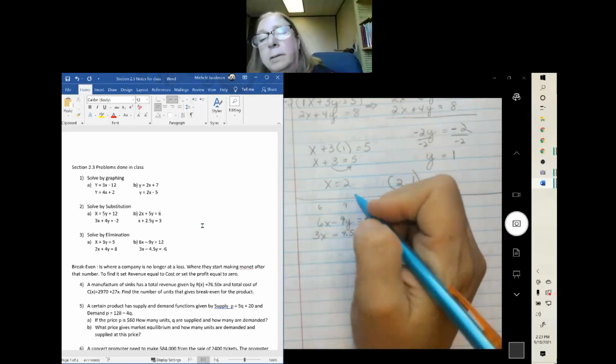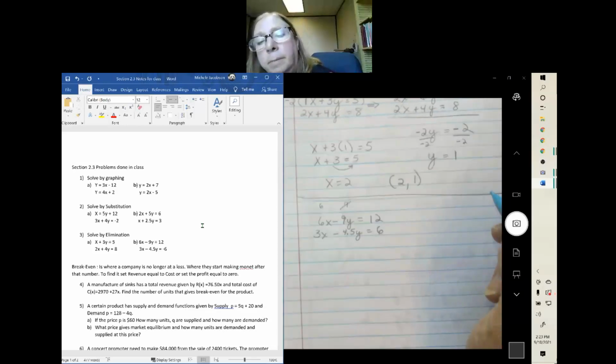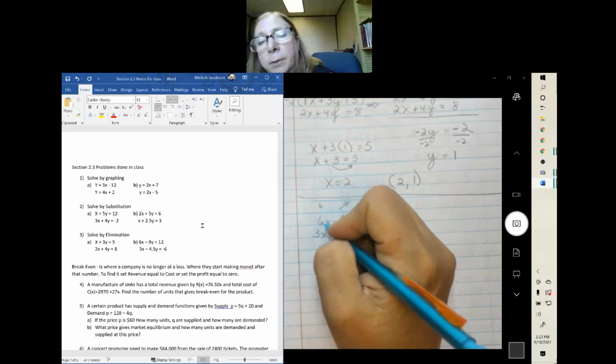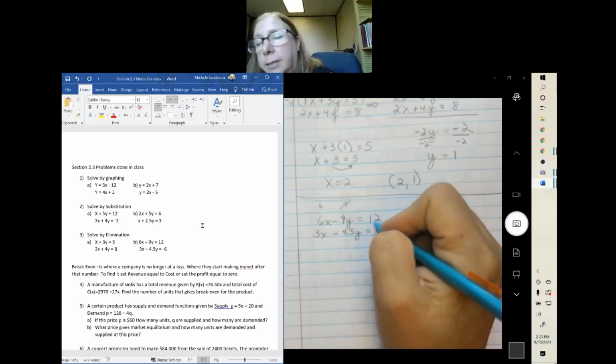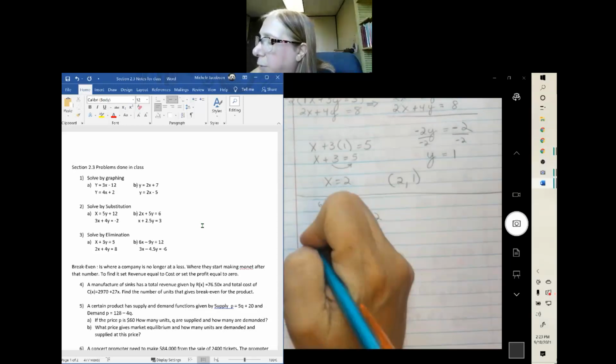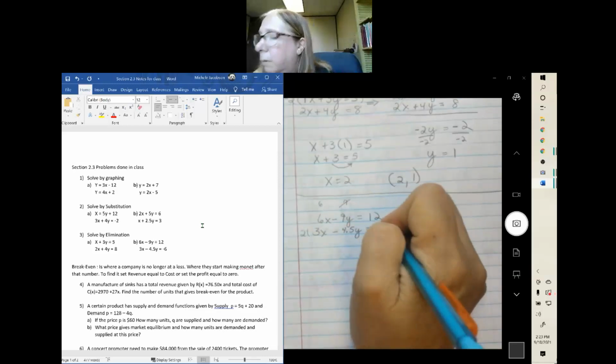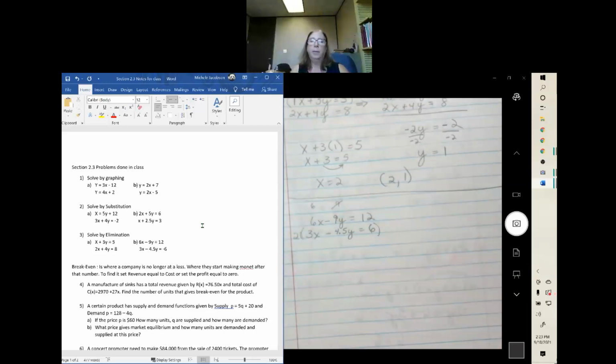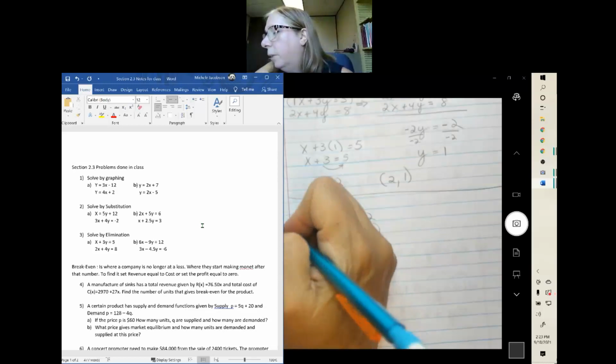6 is smaller, so I'm going to use that one. I already have 6 in the first equation. In the second one, I can multiply by 2 to make it a 6. But remember, it needs to be one positive and one negative. Since the top one's already positive, I'm going to make the bottom negative.